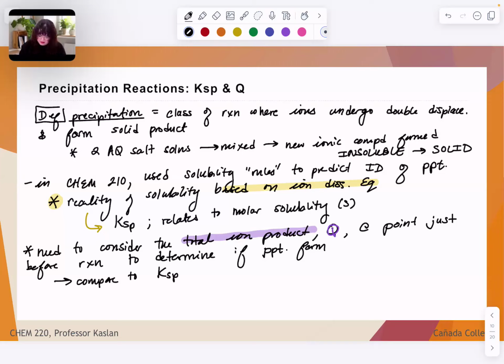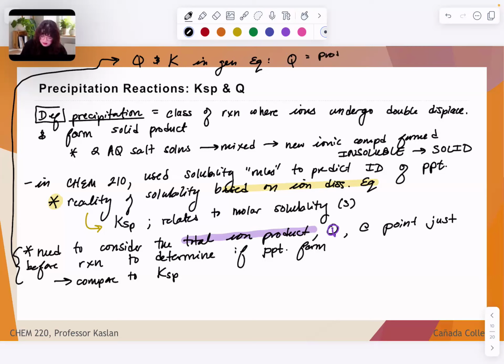This is the same idea as Q and K in general equilibrium. Recall that Q, the reaction quotient, is products over reactants raised to their coefficients at some point that is not equilibrium. And K is the same, but at equilibrium.